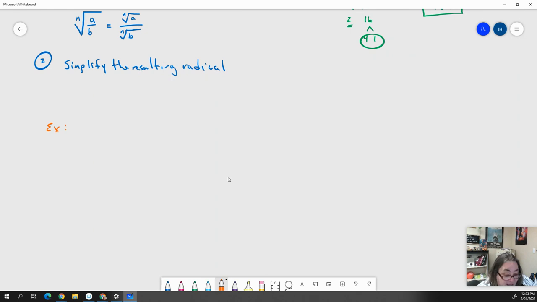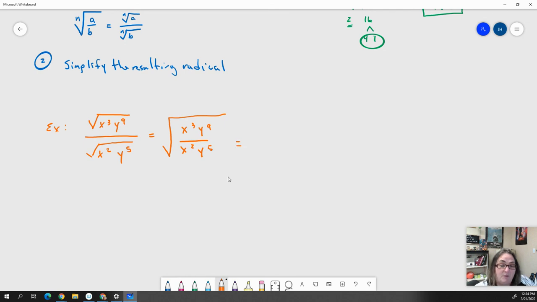For example, if I have the square root of x cubed times y to the 9th over the square root of x squared y to the 5th, if I apply the quotient rule, I could rewrite that whole thing as x cubed y to the 9th over x squared y to the 5th.